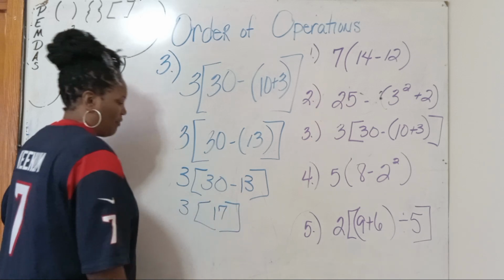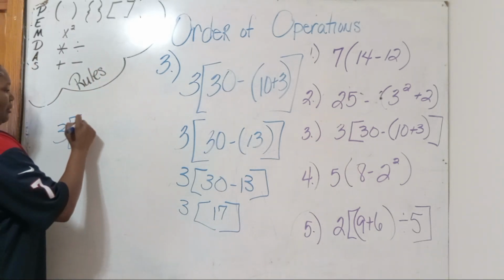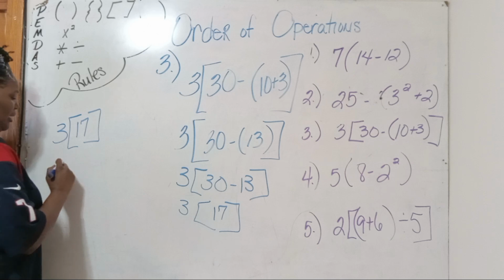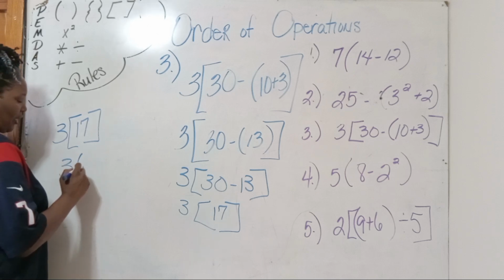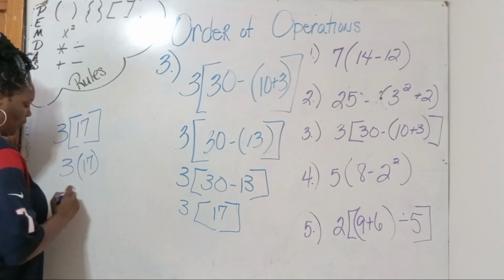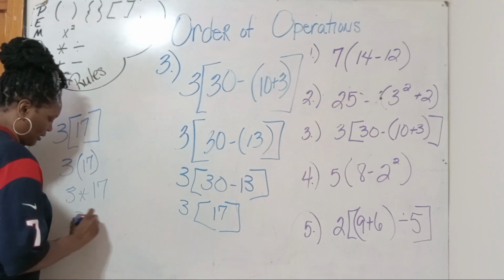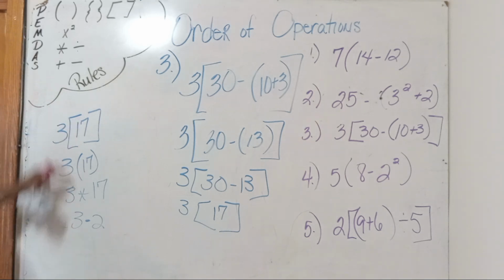So now, if you see braces, you see something like that, 3 with the braces around the 17, it's just like saying 3 times 17. All these are saying multiplication.